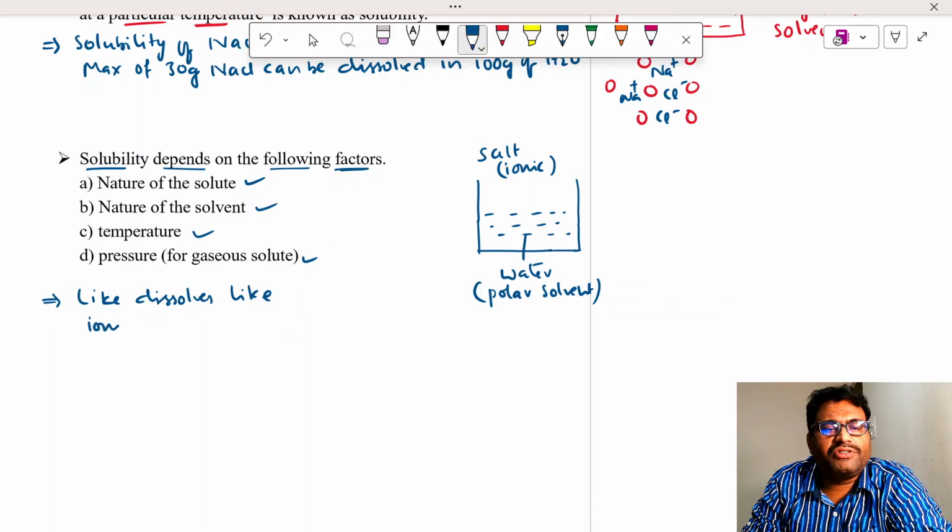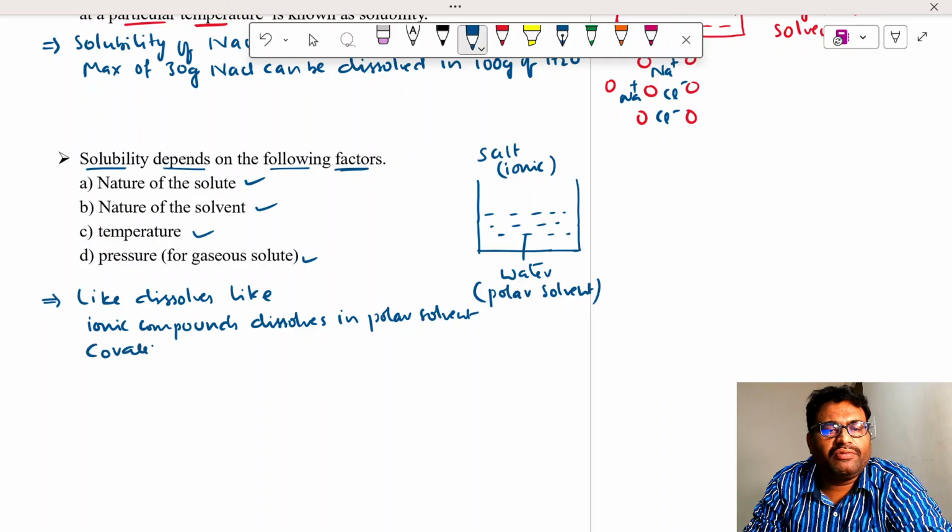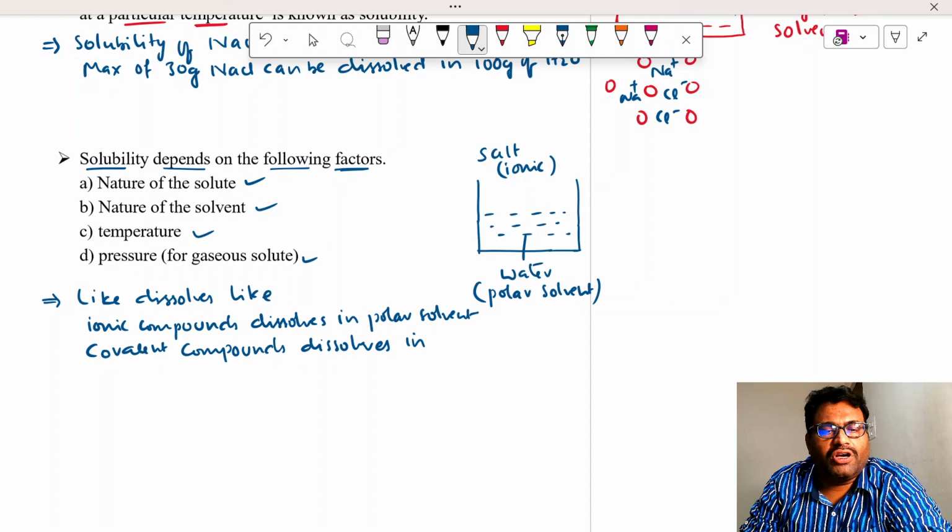Ionic compounds dissolve in polar solvent. Covalent compounds dissolve in non-polar solvent.